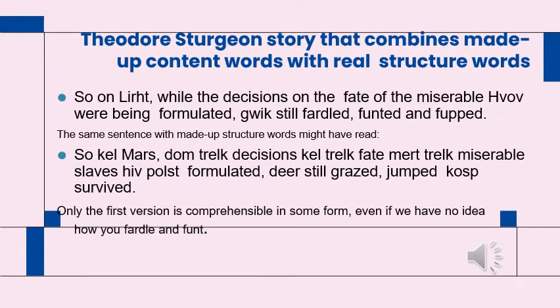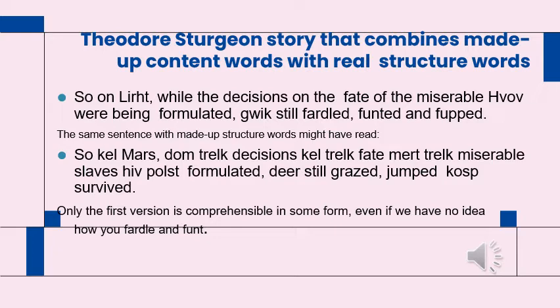The example from Theodore Sturgeon's story combines made-up content words with real structure words. The same sentence with made-up structure words might have read: Sukil Marston decision skill great mark miserable slaves his wolves formulated dear still grace jumped cup survived.